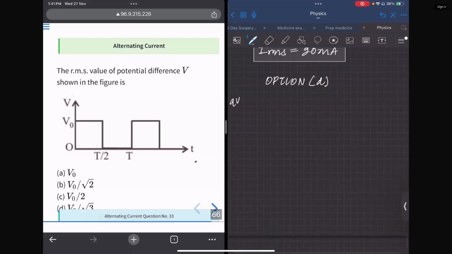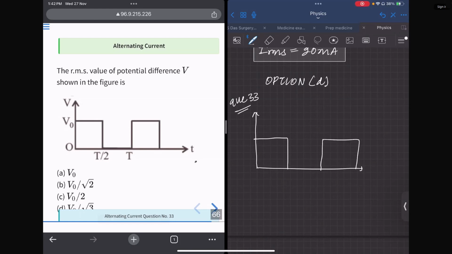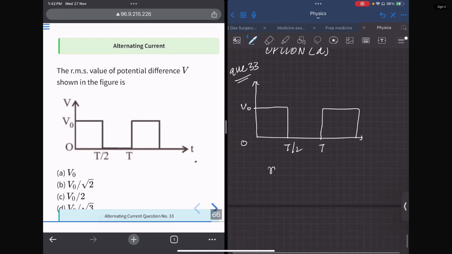Moving on to the next question, we have question number 33. They have given the RMS value of potential difference V, which is given here. We have to calculate the RMS value.